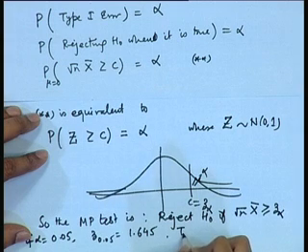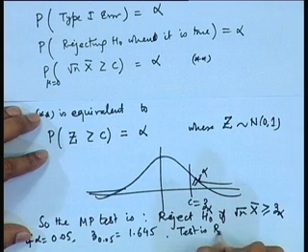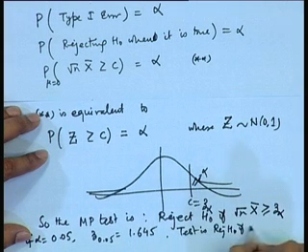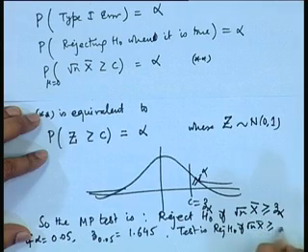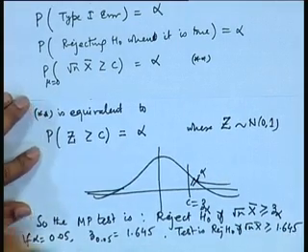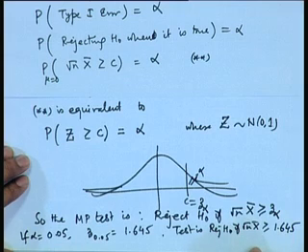So, the test is reject H0 if root n x bar is greater than or equal to 1.645. So, you can see the Neyman-Pearson lemma gives us a precise test for taking the decision to accept or reject a null hypothesis in a given situation.